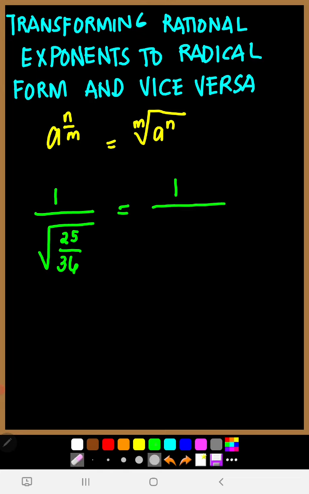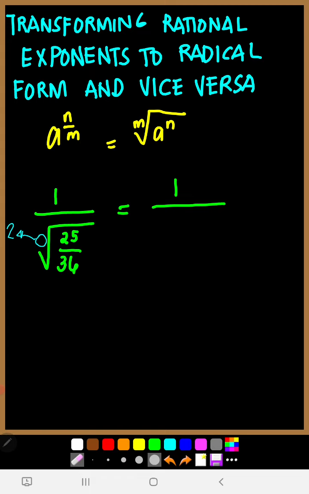And then kapag walang index, as you can see, walang index dito, automatic, the index is not 1, but 2. And you don't need to write it, kasi yung pinakamababang index na pwede, which is 2.